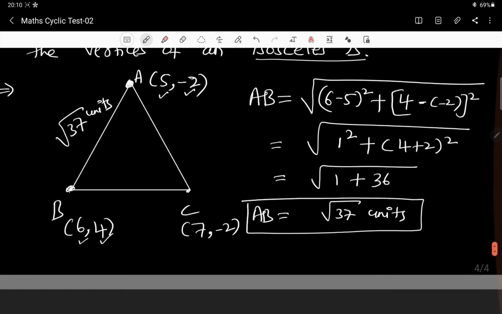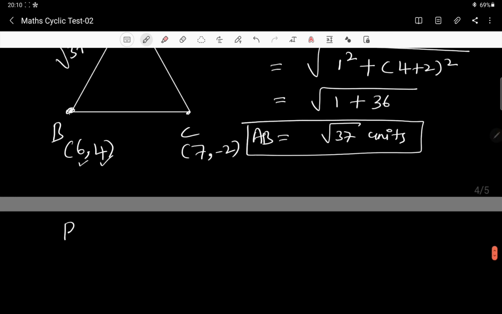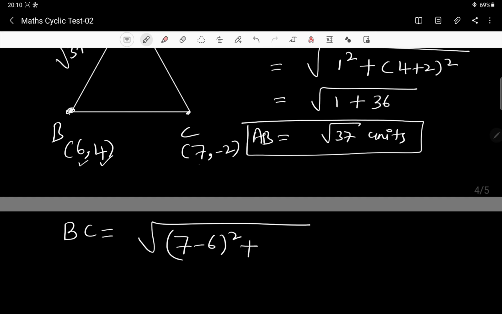Similarly, you try to find out BC also. Anyhow, you have written this. Now directly you can go for BC. Consider this one as x1 y1, and this one as x2 y2. Orally you have to do this, no need to write here. So (7 minus 6) whole square plus (minus 2 minus 4) whole square.